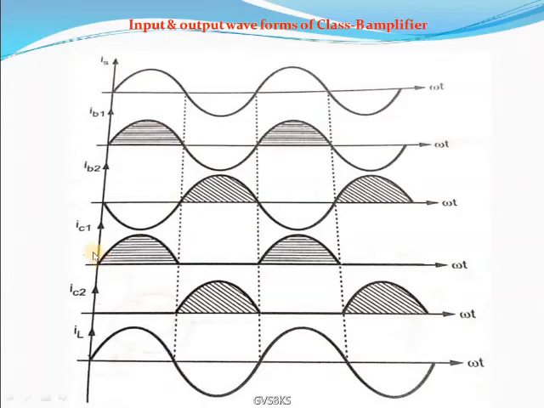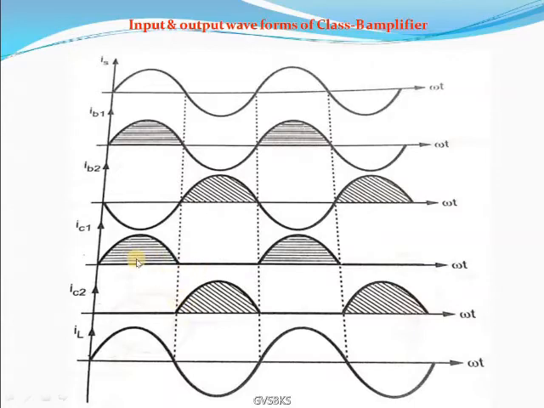These are the IC1 and IC2 currents, the output currents of Q1 and Q2. IC1 is the output current of transistor Q1, and IC2 is the output current of transistor Q2. If you observe, IC1 is produced only during the positive half cycle of the input signal, and IC2 is produced only during the negative half cycle of the input signal.